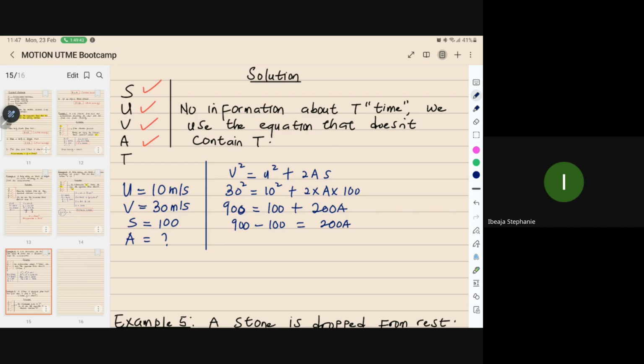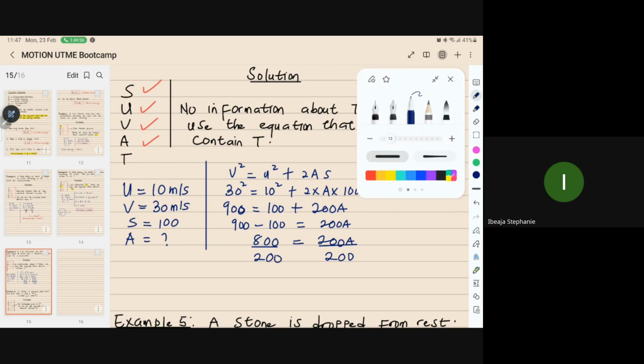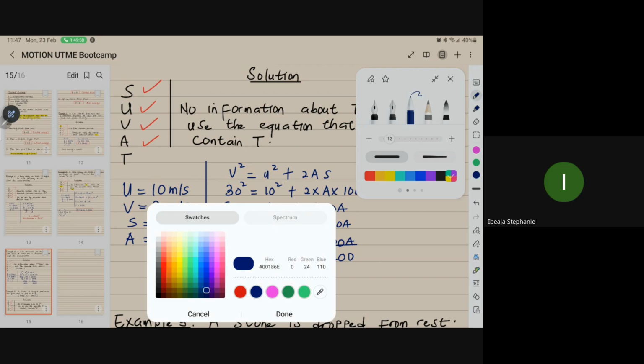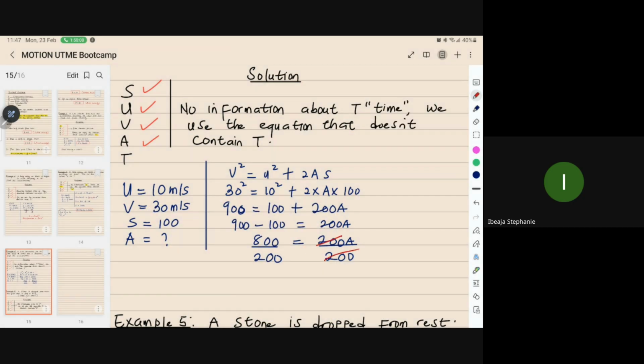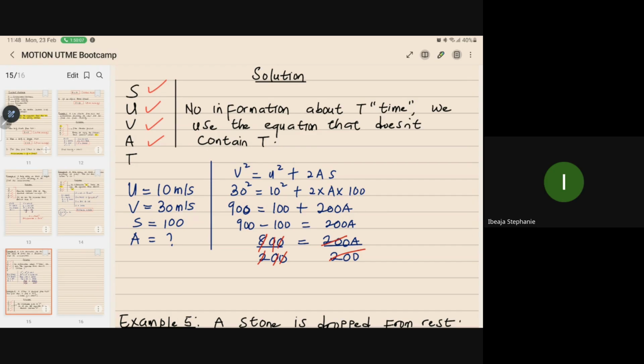So let's subtract both sides. I will have 800 is equal to 200A. So I'll divide both sides by 200 because I'm looking for A. When we do, we cancel here, cancel here. 8 into 2 will give us 4, right?